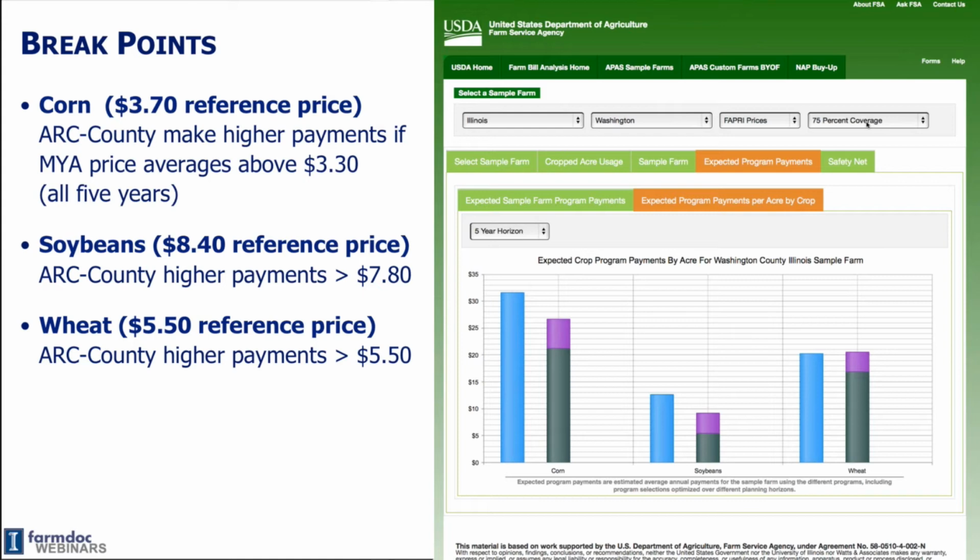We had a question about how the 75% coverage level impacts these SCO payments. And SCO is only available for price loss coverage. If you increase this percent coverage, we're now assuming that you're buying price loss or SCO from 86% down to 85%, and you'll see the net, which is payments minus premiums from those policies.